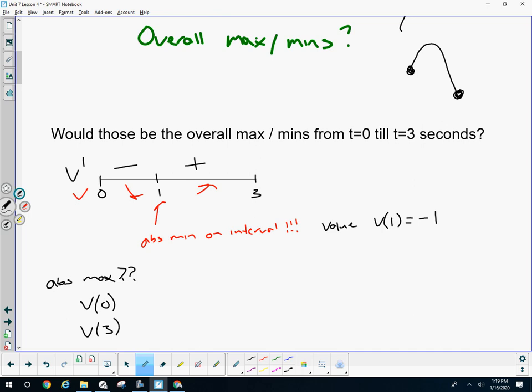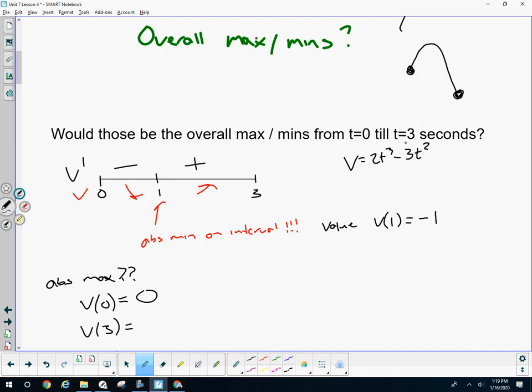How do we know which one's going to be bigger than the other? Well, we could literally just plug in 0 and plug in 3 and find the values and compare them. We have limited our potential locations of maxes to just 2 candidates. We can compare the velocity values of those 2 candidates. Plug in 0 into V. Remember, V was 2t cubed minus 3t squared.